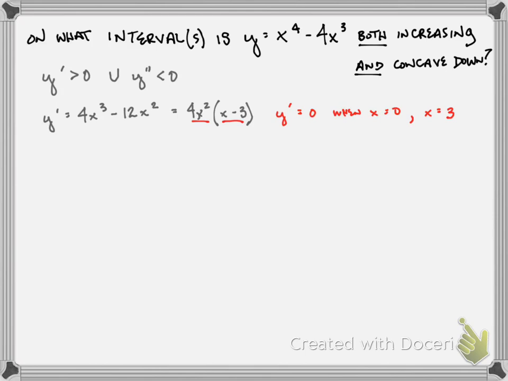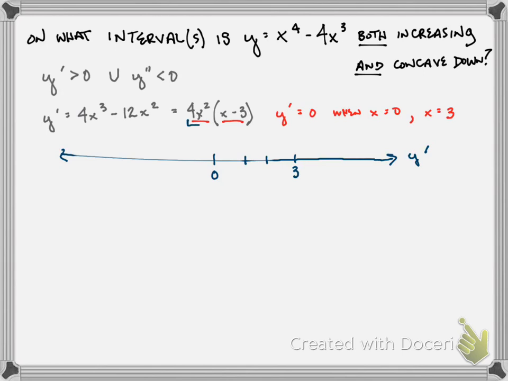So I'm going to draw a number line. Stay with me here. And this number line is meant to represent y prime. Now I know that at x equals 0 and at x equals 3, the derivative is equal to 0.